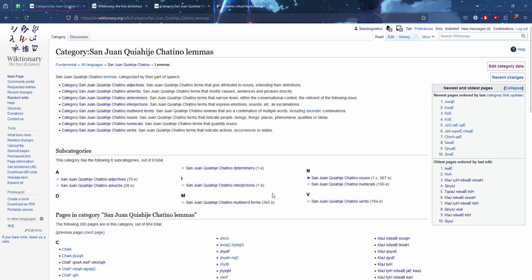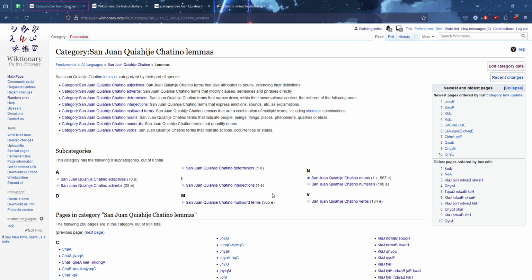This is the main page that you want to get to so that you can navigate most of the website and most of the online dictionary for the SJQ Chatino language. And I have shortened San Juan Quiahije to SJQ for the sake of simplicity, I suppose.